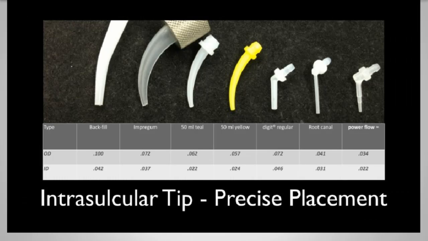The way we achieve that margin being captured is a really innovative technique. Something called the PowerFlow tip was developed. A traditional impression syringe, this yellow tip here, has a 0.057 outer diameter compared to 0.034 outer diameter. So this tip fits into the sulcus much easier.